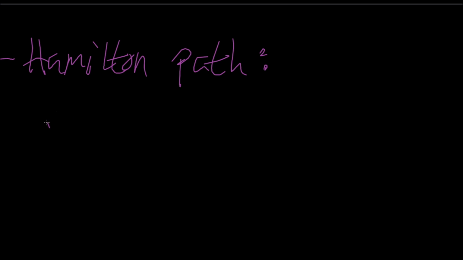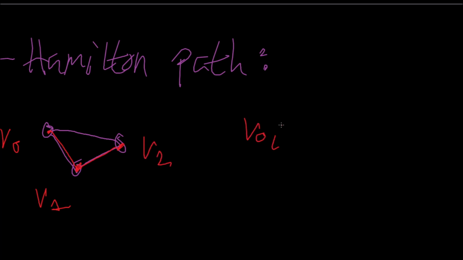So say we have a graph that looks something like this, and we have a walk that starts here at v0, then it walks via this edge to v1, and then it walks over here to this final vertex v2. So v0, v1, v2 would constitute a Hamilton path.